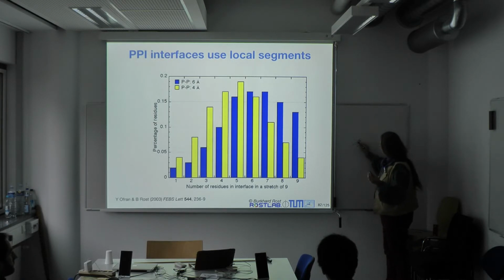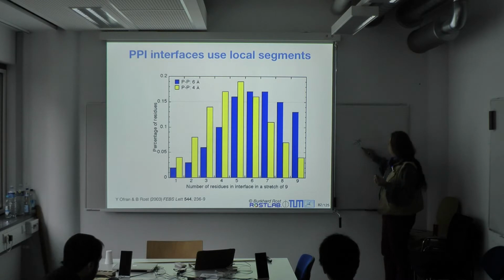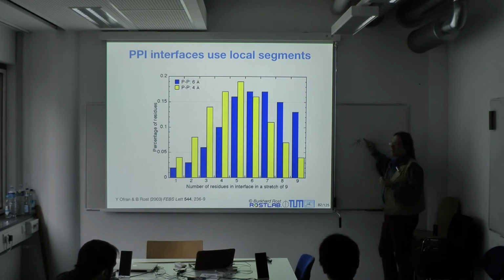So if I just cut out a window of 6 consecutive residues, 1, 2, 3, 4, 5, 6 or something like that, in this particular case there would be only one in the binding interface. And for all of these, it would be a little bit like that.